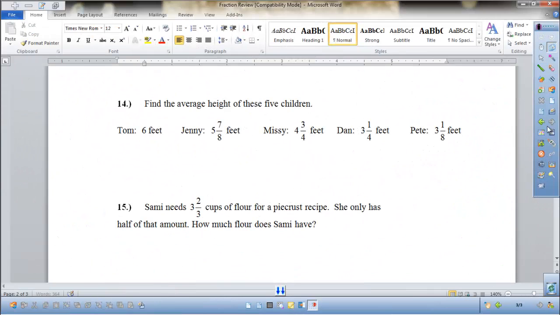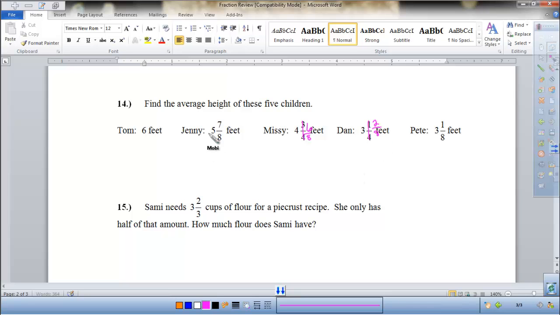The next two problems I want to help you with are 14 and 15. If we're going to find the average of these children, we need to first add all these fractions up and then divide by 5, since that's the number of kids we have. So first, to add all these, I need a common denominator of all of them. So 8 and 4, 4 and 8, I'm going to do 8. So then this would turn into 6/8. This would turn into 2/8.